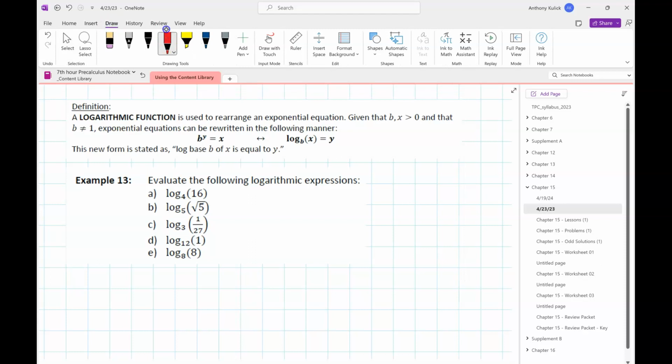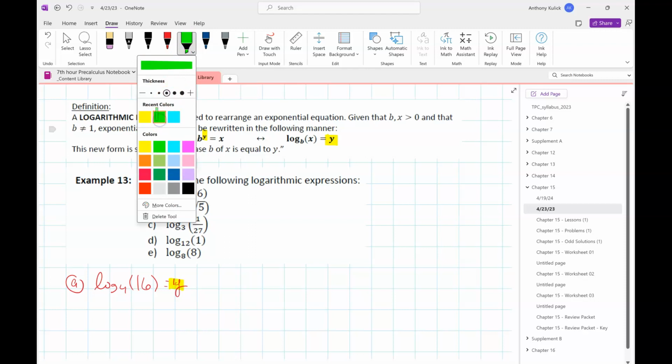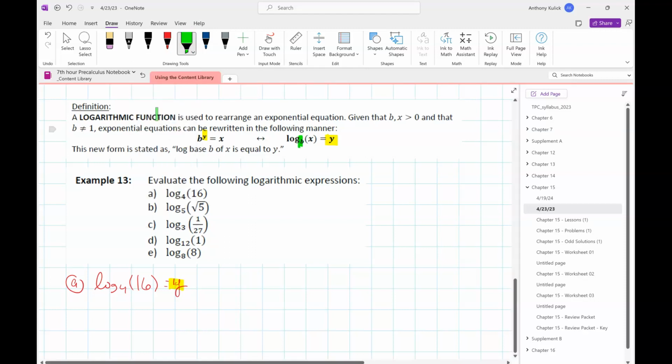All right. So what I'm going to do first is I'm going to say this is equal to y. And then I'm going to use my definition here from above.